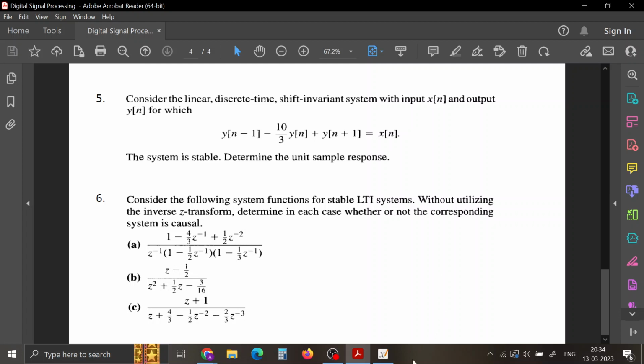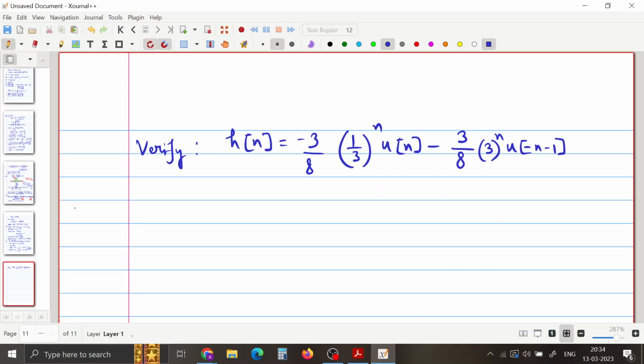The main concept here is that for a causal system to be stable, all the poles of the transfer function should lie strictly inside the unit circle. And for an anti-causal system to be stable, all the poles should lie strictly outside the unit circle.